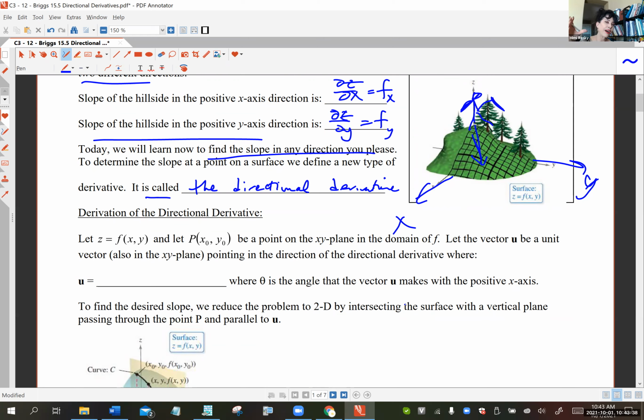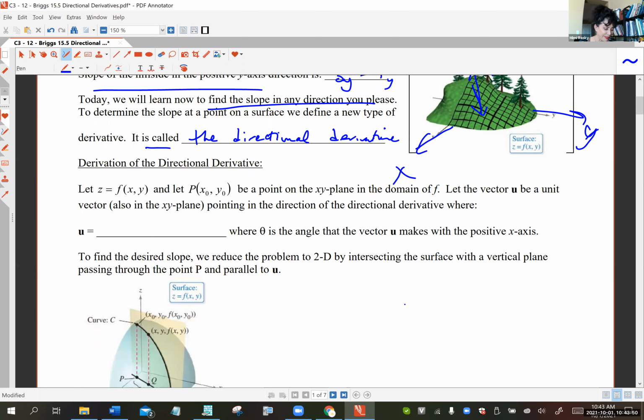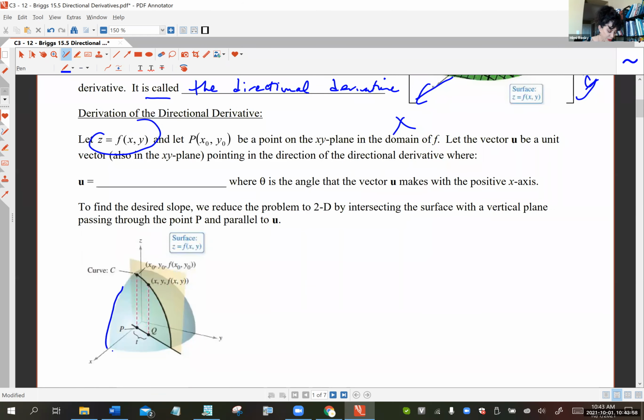We're going to take the rise being the difference in altitudes, so the difference of the z coordinates of 2 points. But the run is going to be the difference between the 2 points down in the xy plane. So it's going to be kind of interesting how we do the analog here in 3D. Let's say you've got a surface, and they're showing you this blue surface here. You can think of that as your mountain surface.